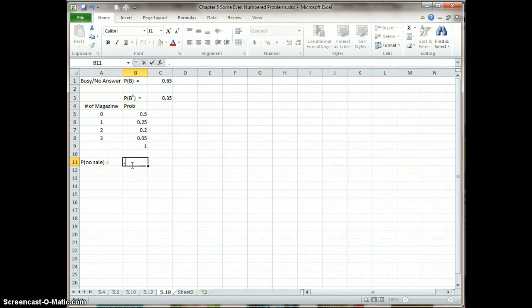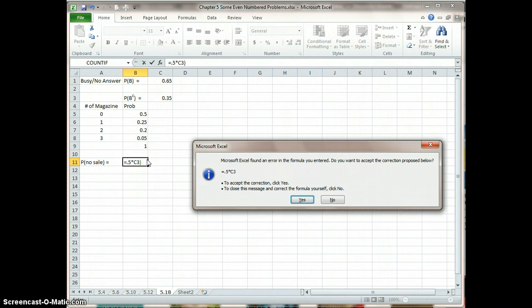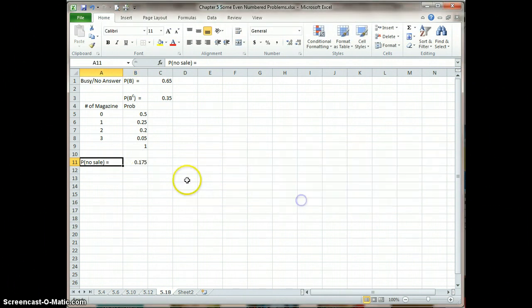So we're going to go 0.5 equals 0.5 times 0.35. And I really should put that in parentheses. There we go.